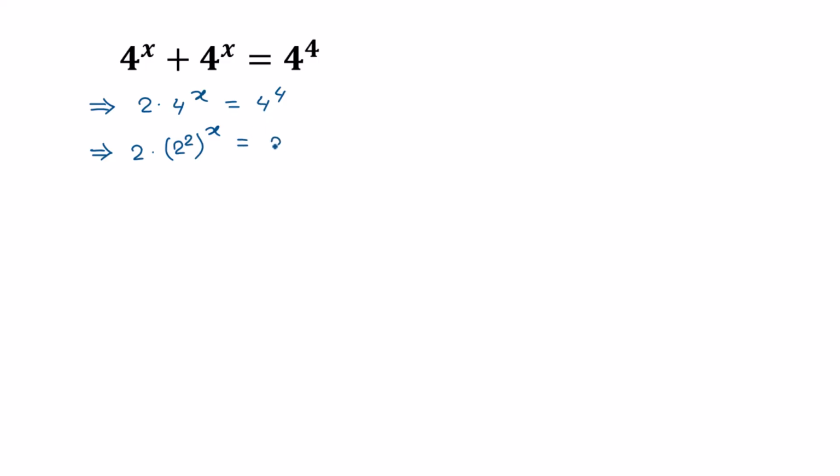We can write (2 squared) to the power 4. Applying the exponential formula, (a to the power b) to the power c is equal to a to the power b times c.